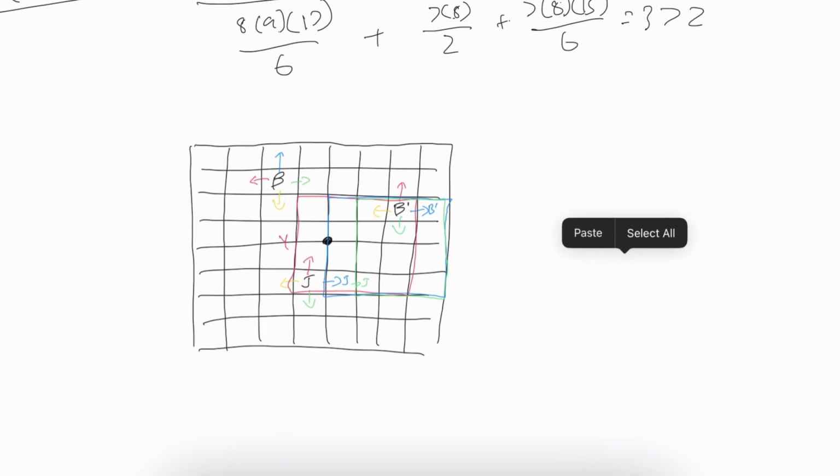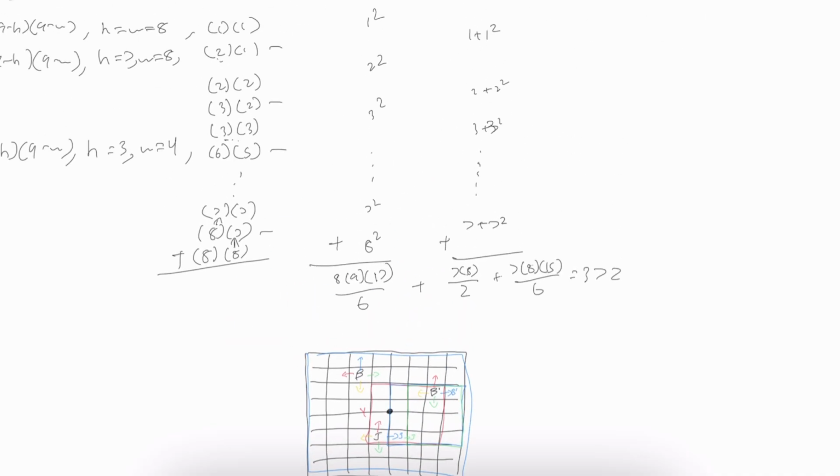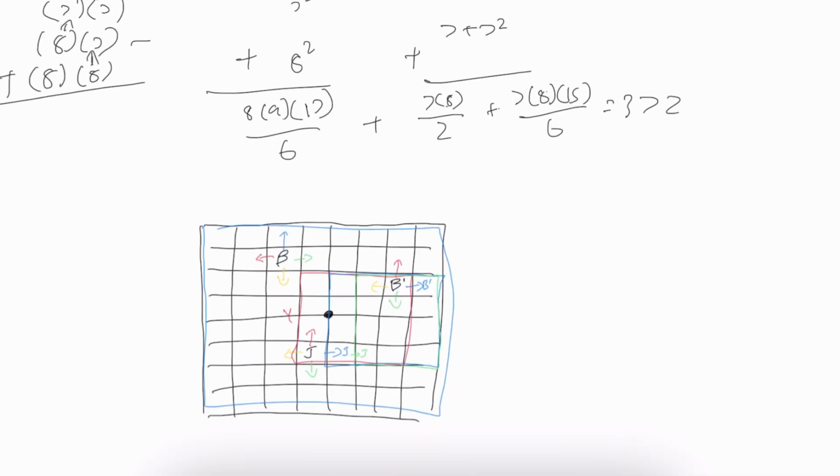We get 1 times 1, then move in any direction to turn it into an 8 by 7 square.